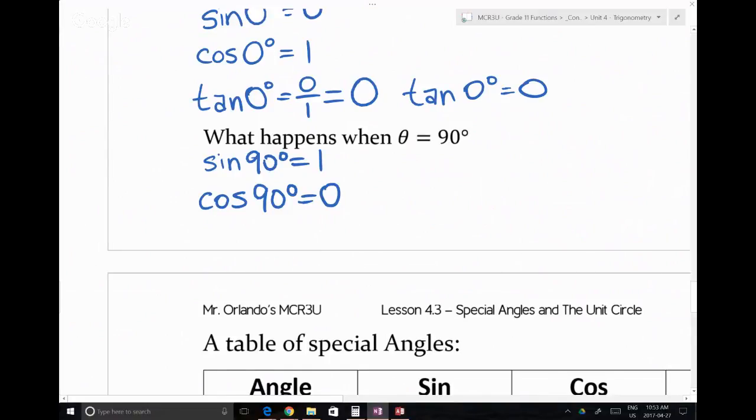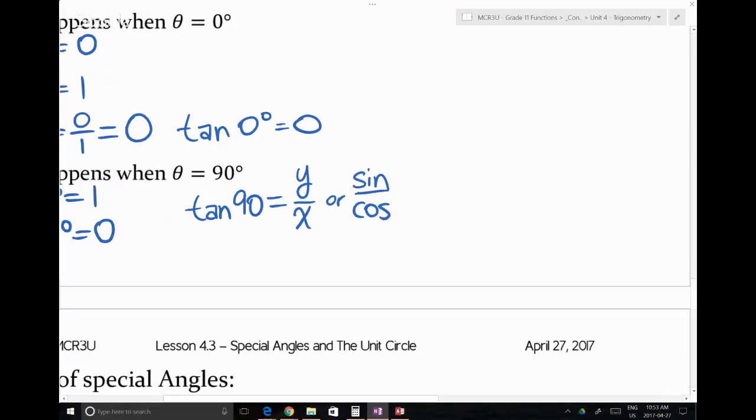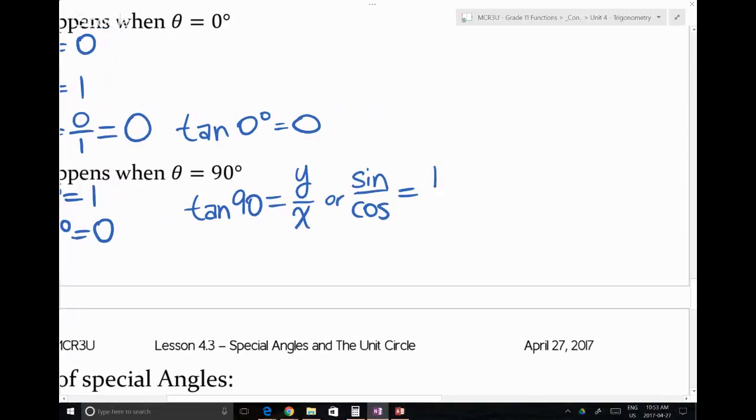Now here, you have to be careful, because tan 90, well, tangent is always y over x, we said. Or we can think of it as sine over cos, because y is the sine, and x is the cos, which in this case, the y value is 1, and the x value is 0.